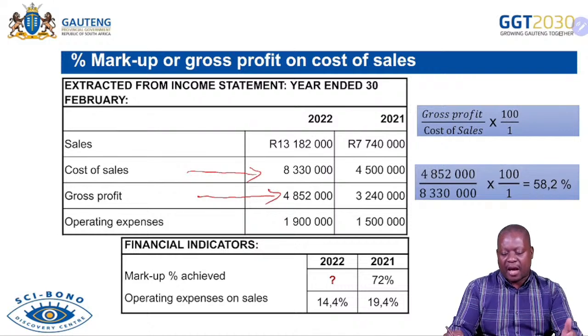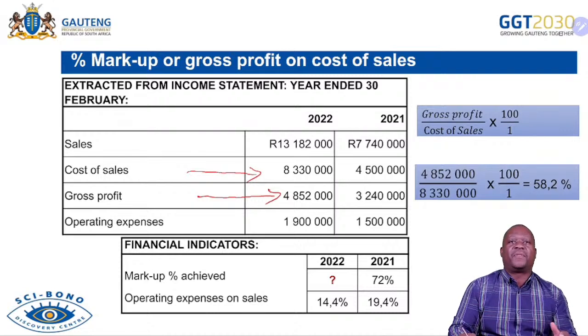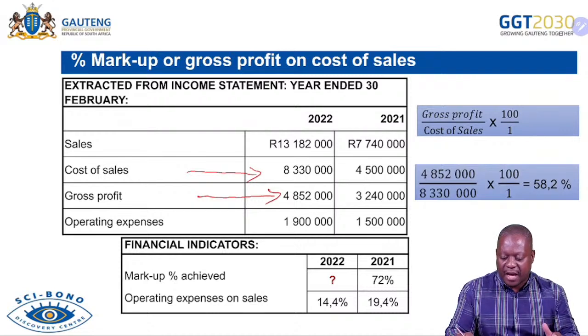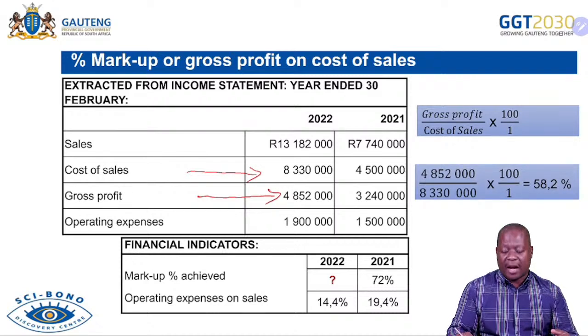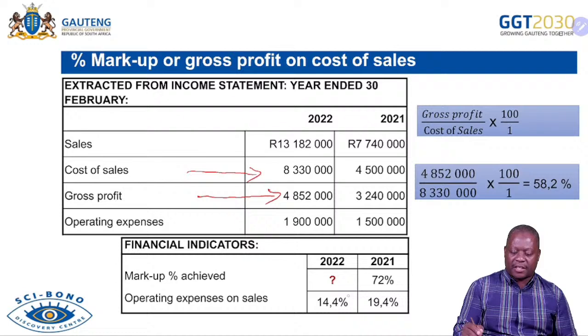4,852,000 divided by 8,330,000. We multiply this by 100 and it's going to give us our markup of 58.2%. Now, what it therefore means is there is something that is being indicated.